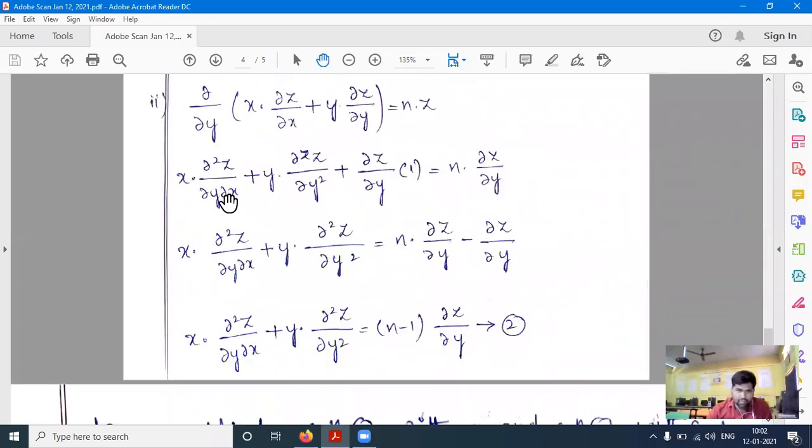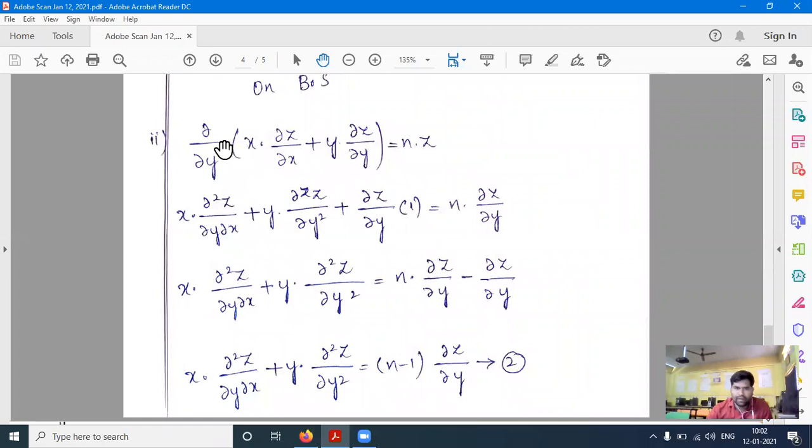So x into ∂²z... again, since we are differentiating with respect to y, we have to treat x as a constant. So x into ∂²z/∂y∂x plus, here applying the uv rule, y into ∂²z/∂y² plus ∂z/∂y into 1 is equal to n into ∂z/∂y.